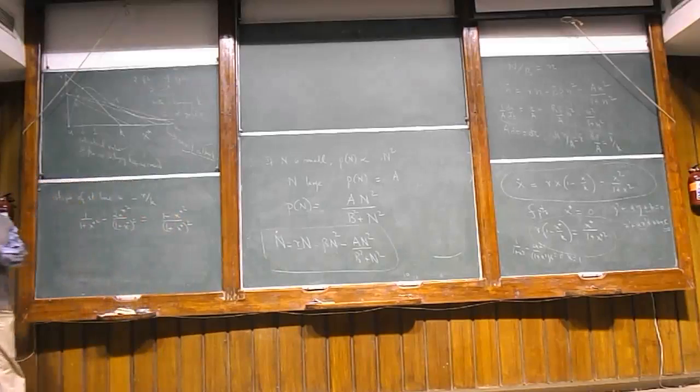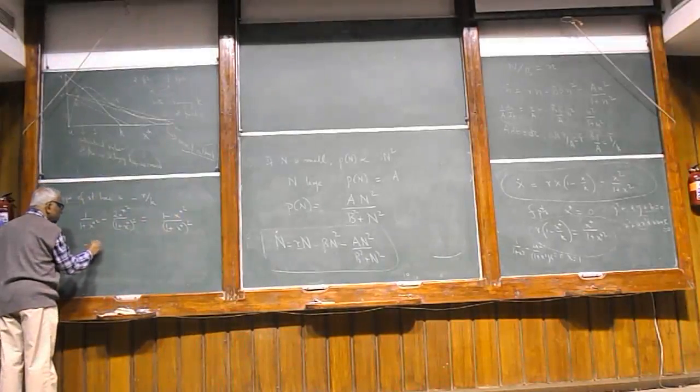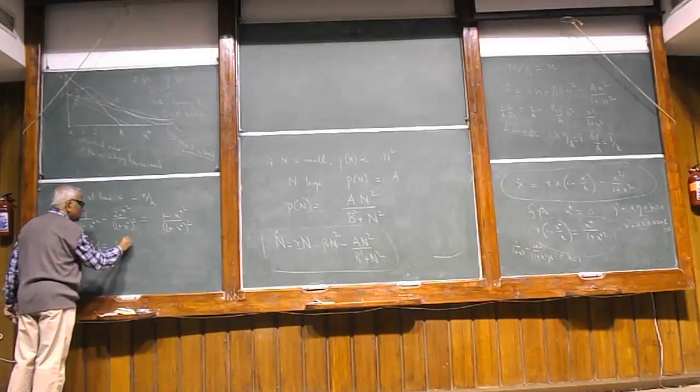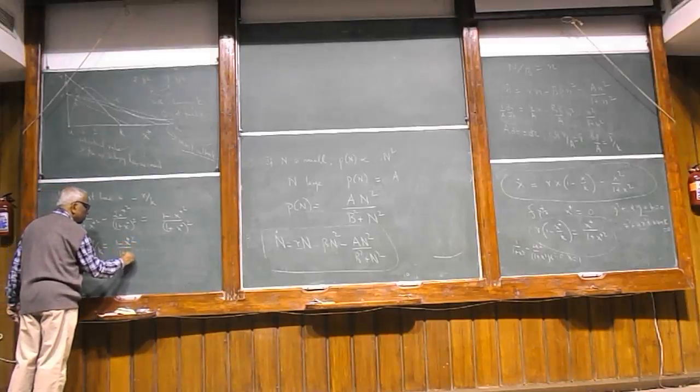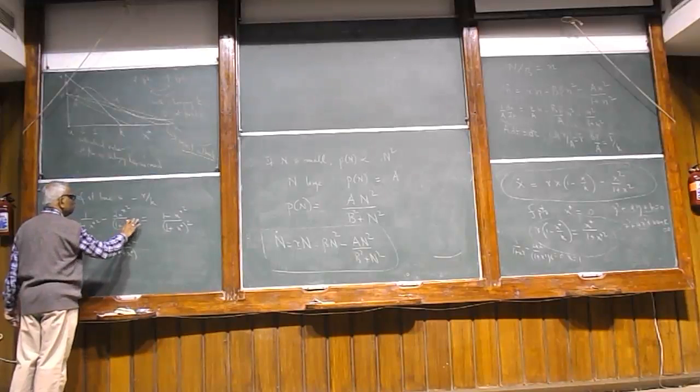So that's the slope over there. So minus R over K equals 1 minus x star square over 1 plus x star whole square.